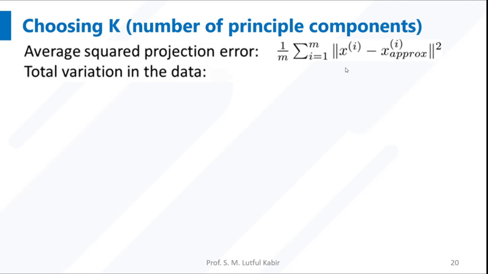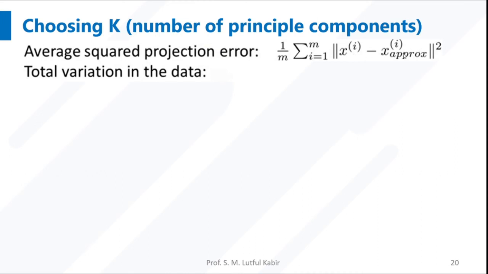The first expression is the error square. What is the error? It is the actual x, that means the given value, minus the value that is the projection on the surface of the reduced vector. That means if it is a two-dimensional surface, then in that plane, what is the projection of xi?